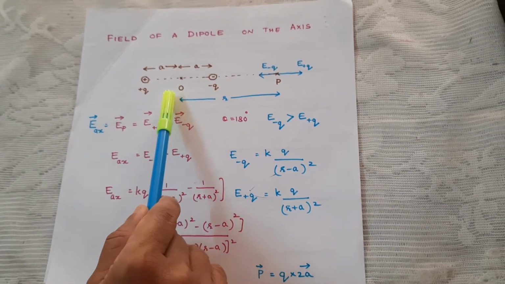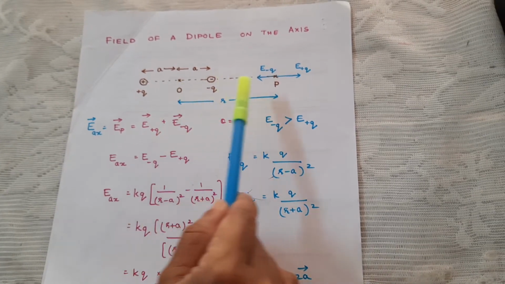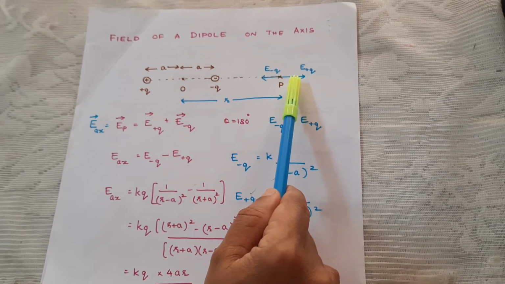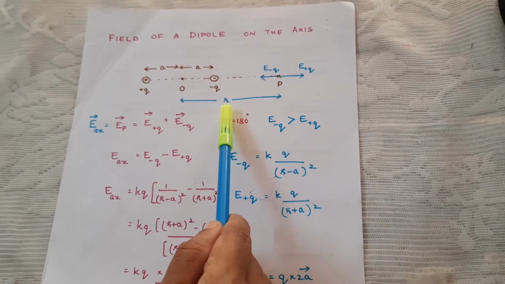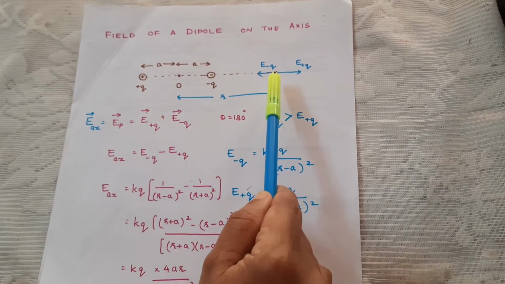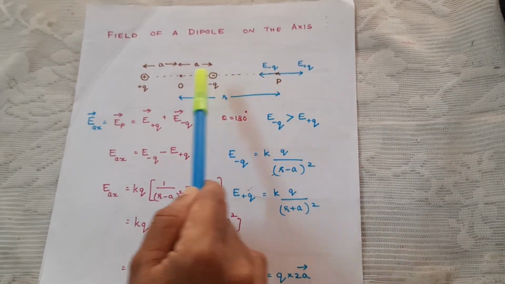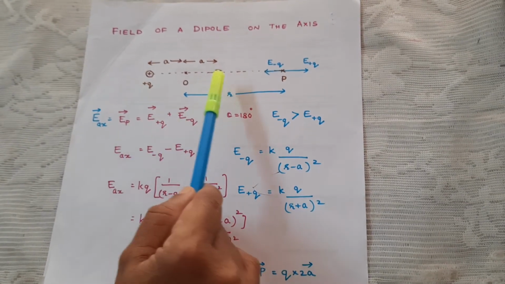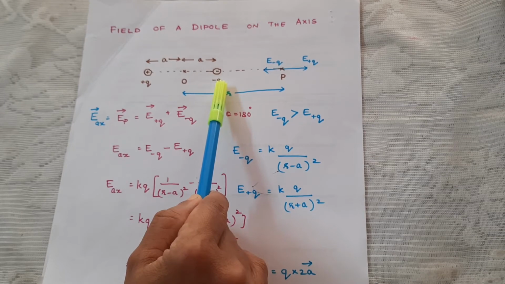The center of the dipole is O. Let us consider a point P on the axial line. The point is at a distance r from the center. The electric field at P is due to electric field of positive and negative charges.